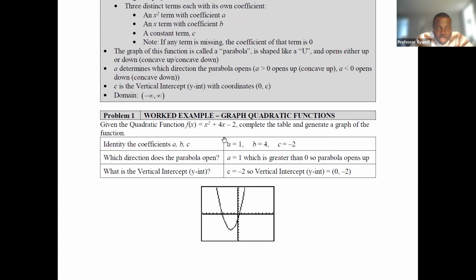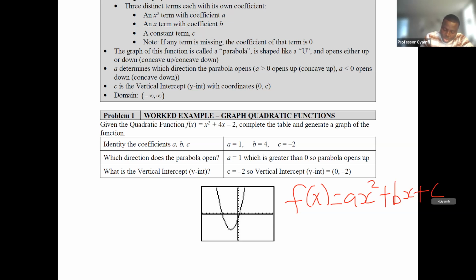Now we have this quadratic function, f of x equals x squared plus 4x minus 2. It says complete the table and generate a graph of the function. Now identify the coefficients a, b, and c. From this general form, we're going to compare that to the function we have.